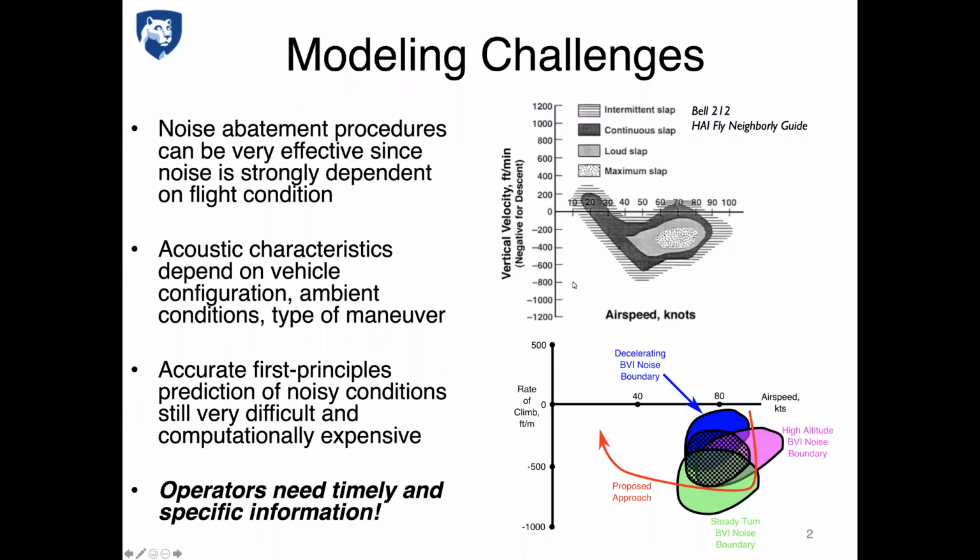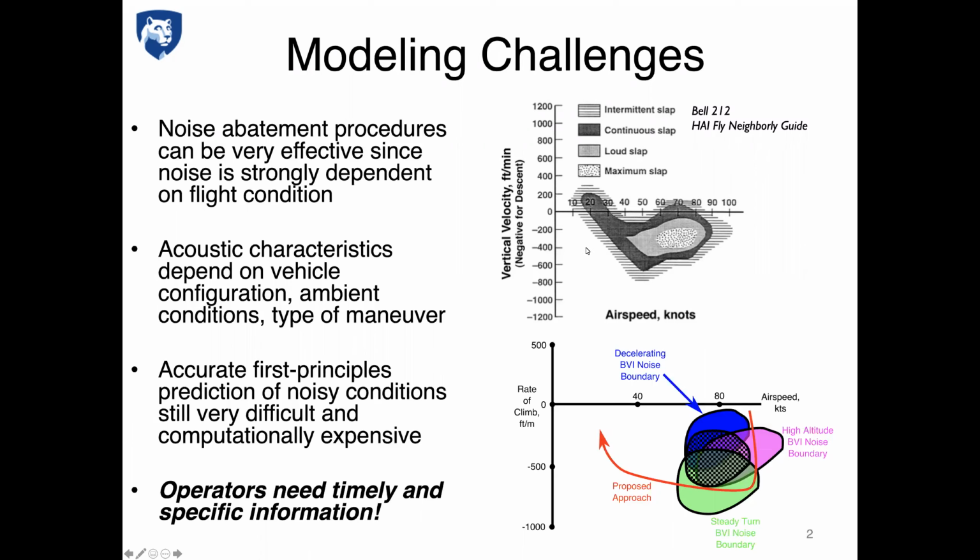So over here on the right, this is a plot that shows what we sometimes call a fried egg plot. This is basically a diagram that's intended to show a helicopter pilot the areas of the operating envelope, in terms of airspeed and rate of sink, that cause objectionable levels of noise.